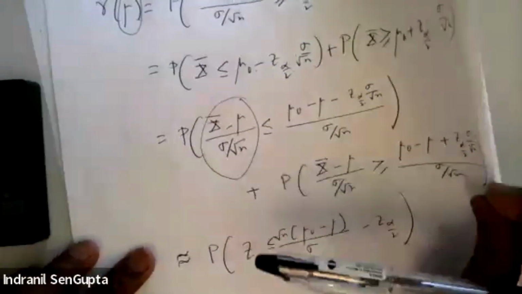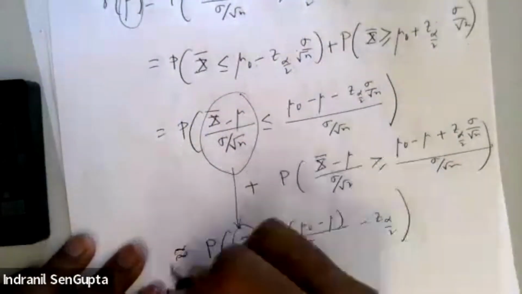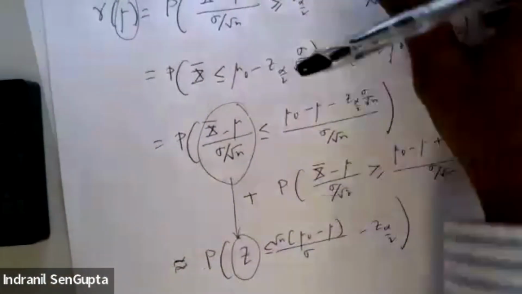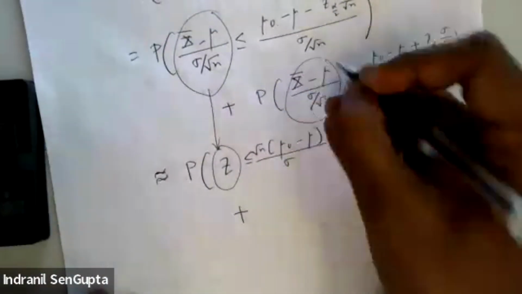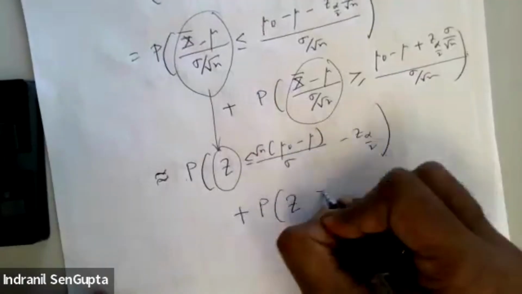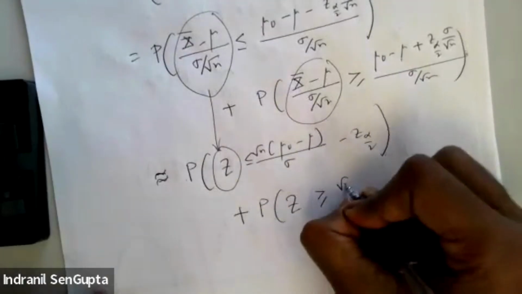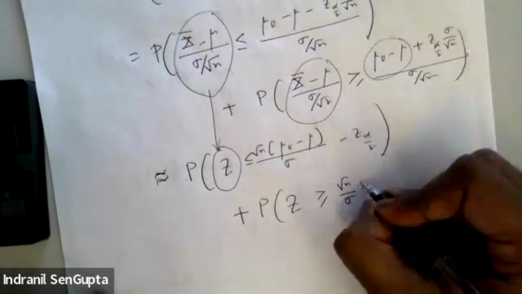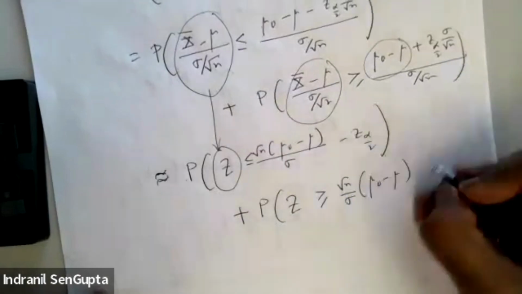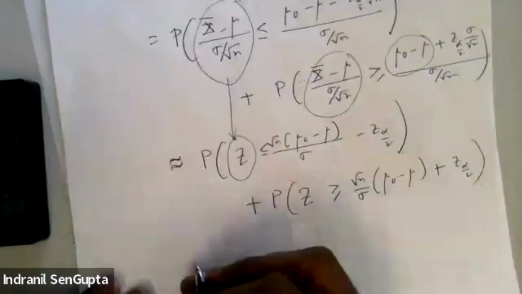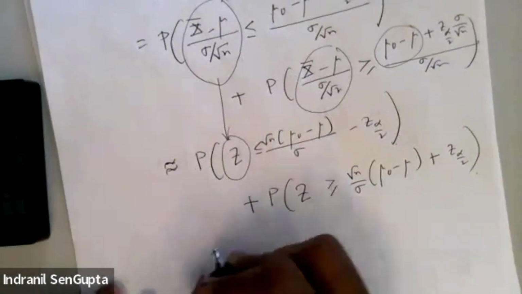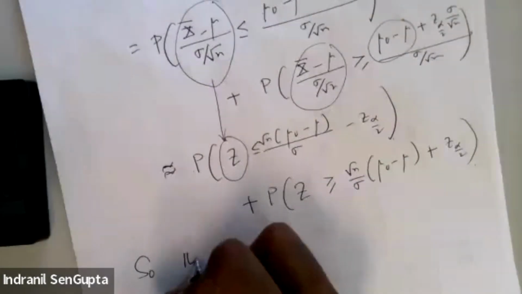This is approximately standard normal. And here again, approximately, this is the probability of z bigger than square root of n over sigma times (mu 0 minus mu) plus z of alpha over 2.